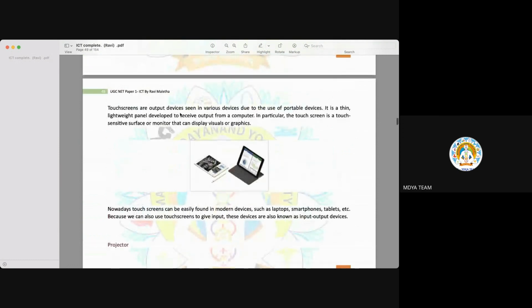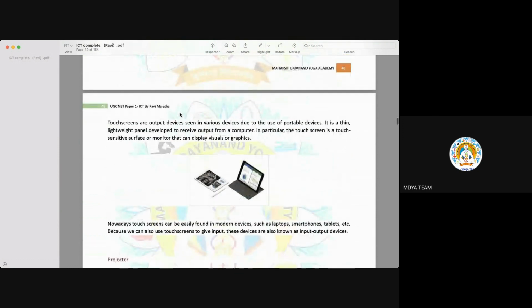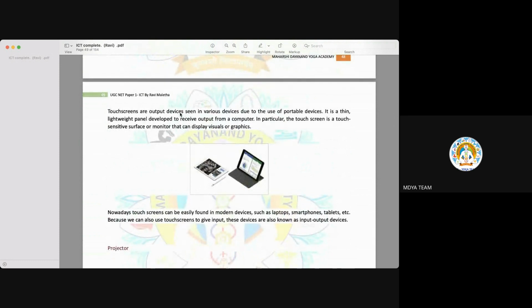Touch screens are also output devices seen in various devices due to the use of portable devices. It is very thin, lightweight, and developed to receive output from a computer. In particular, the touch screen is a touch sensitive surface or monitor that can display visuals or graphics.